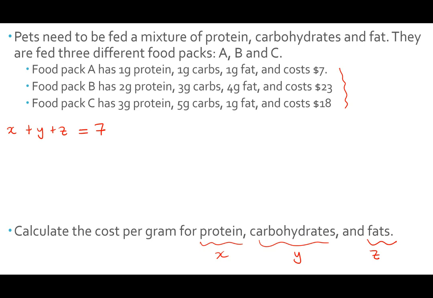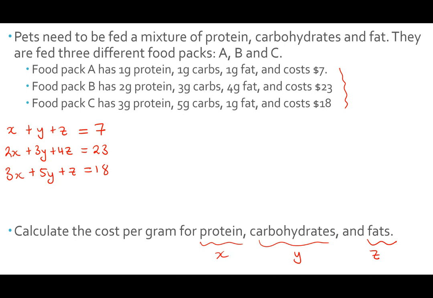Now that is 2 grams times the cost per gram. That's 2x. You're probably getting the hang of it by now, plus 3y, plus 4z, and this one cost me $23. Lastly, 3 grams of protein, 5 grams of carbs, and 1 gram of fat equals $18.